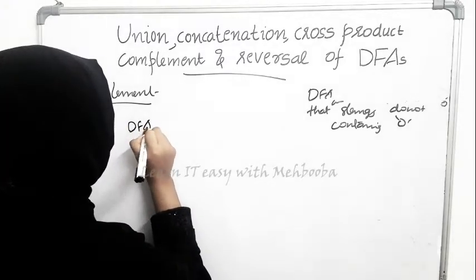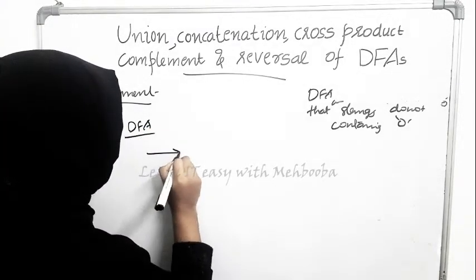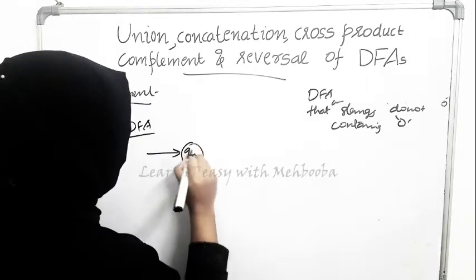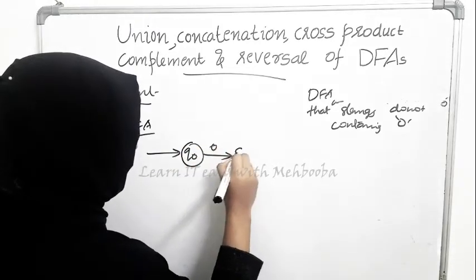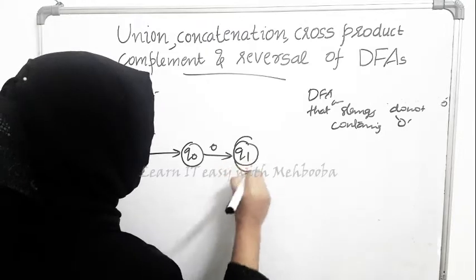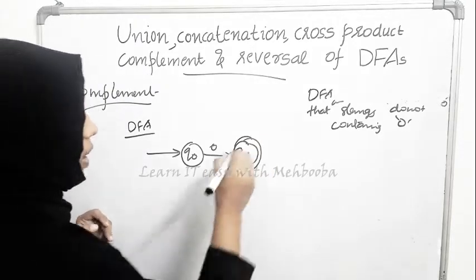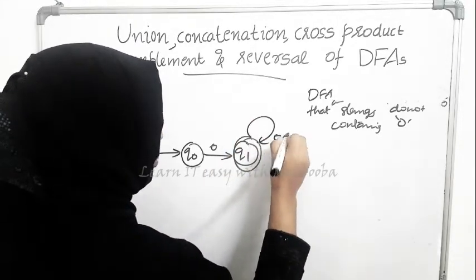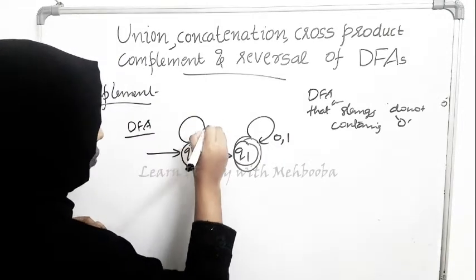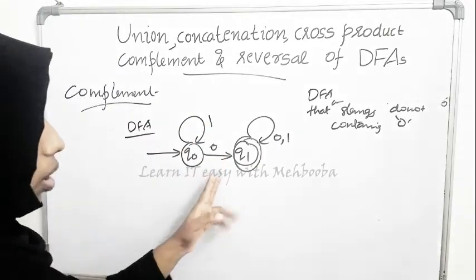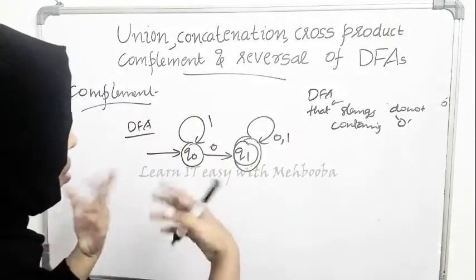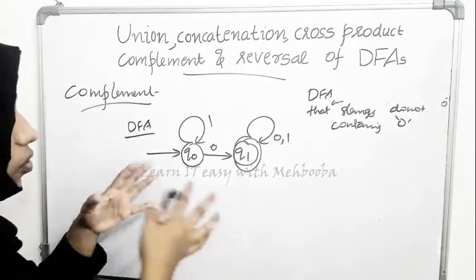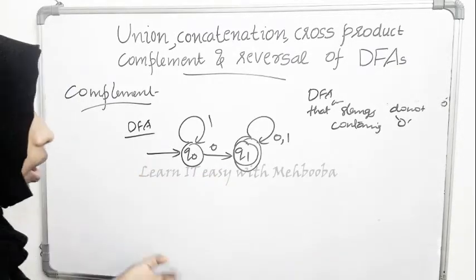That is, only if the string contains a 0 will it be accepted. So from Q0, if you have a 0, that will take you to the final state no matter what the other symbols are. So you can have zeros or ones after that, and in the initial state you can have any number of ones. The only condition is that there should be a 0, then only your string will be accepted.